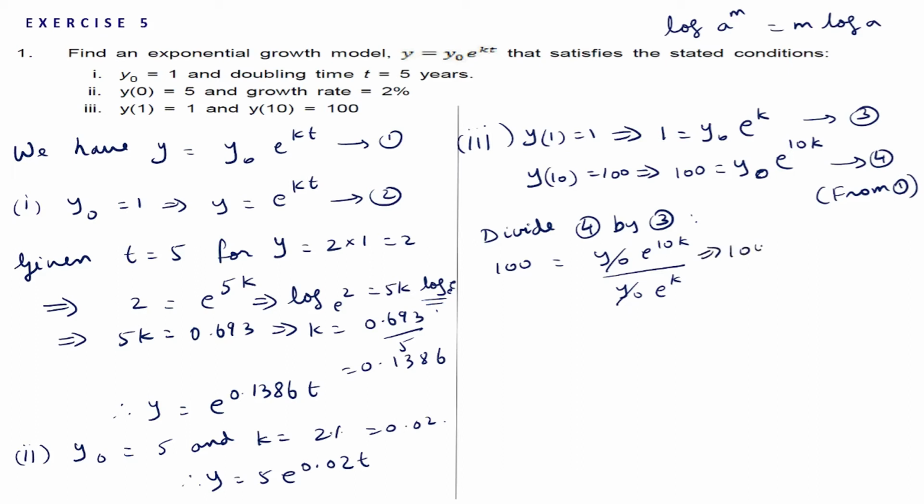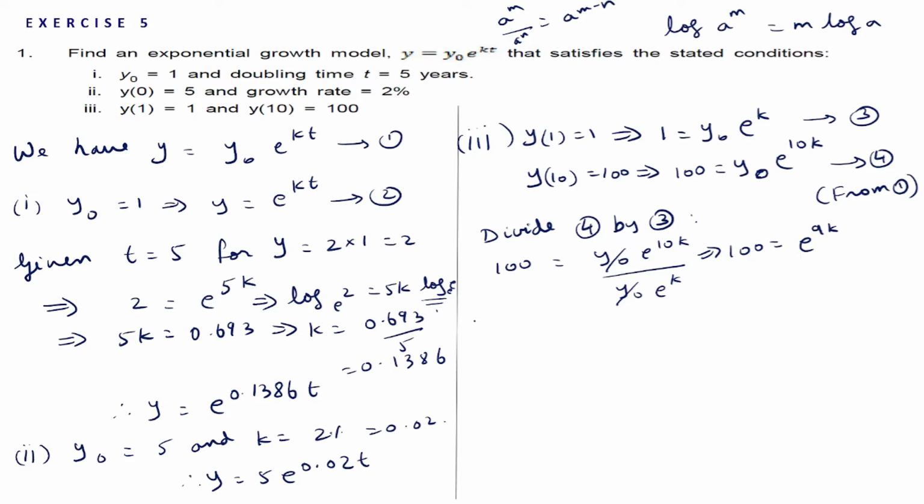We get 100 equal to e raised to 10k upon e raised to k is e raised to 10k minus k, which is e raised to 9k. Using laws of exponents, a raised to m upon a raised to n equal to a raised to m minus n. So e raised to 10k upon e raised to k will be e raised to 10k minus k, which is e raised to 9k.